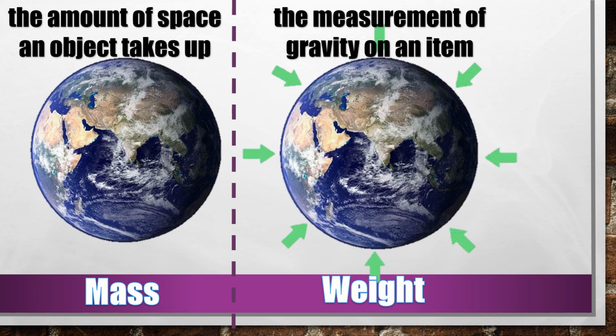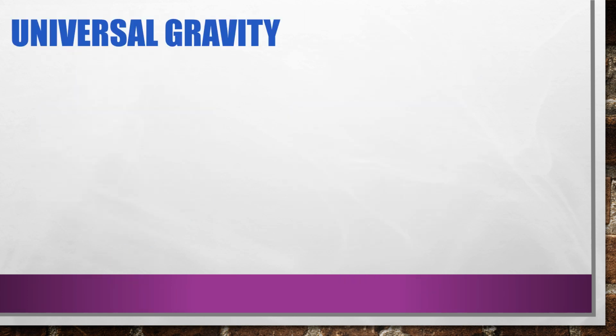So mass is going to measure size and the amount of space and molecules that are inside of an object, compared to weight, which is measuring that mass with the gravitational pull attached to it. So when we talk about mass, our SI measurement is going to be grams or kilograms, where when we talk about weight, then you and I talk about pounds and ounces.